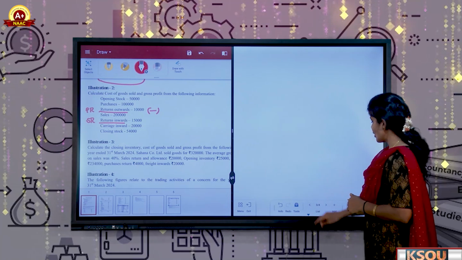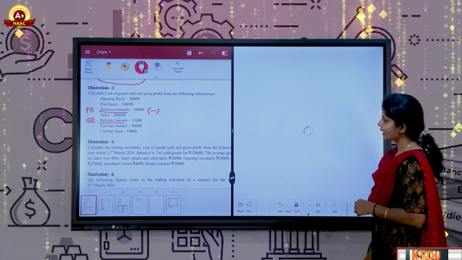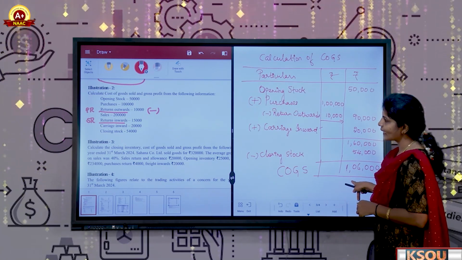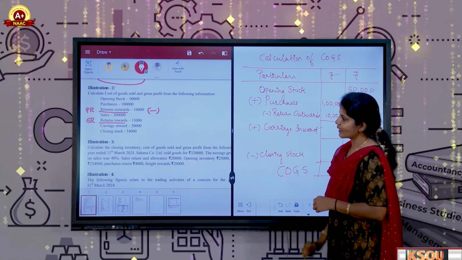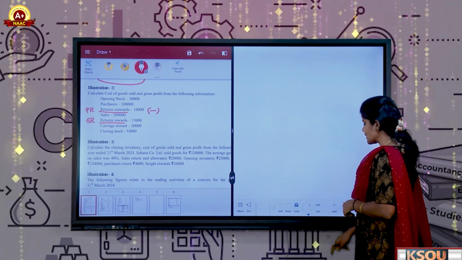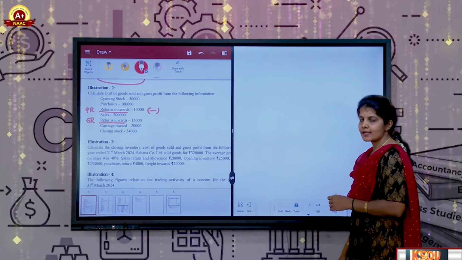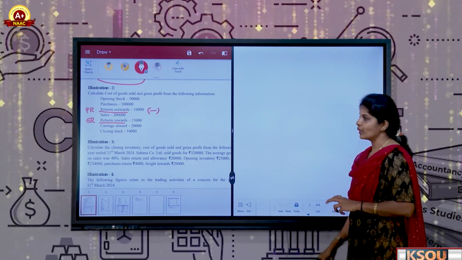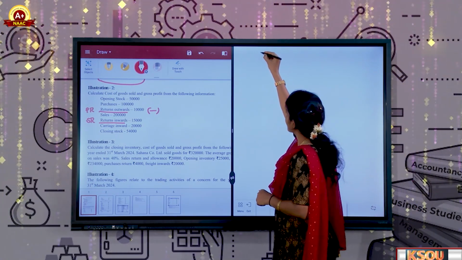What is the amount of cost of goods sold? We have calculated the cost of goods sold as 1,06,000 and we have been given sales and sales return. So after making the adjustment of sales and sales return, if you deduct this cost of goods sold, the balance will be called gross profit.